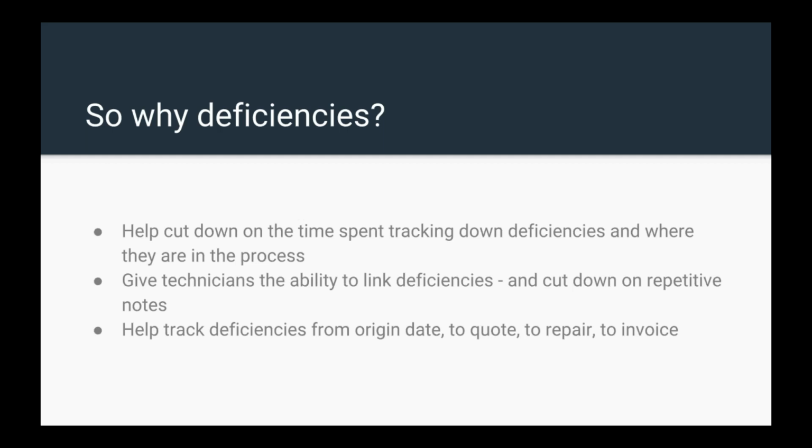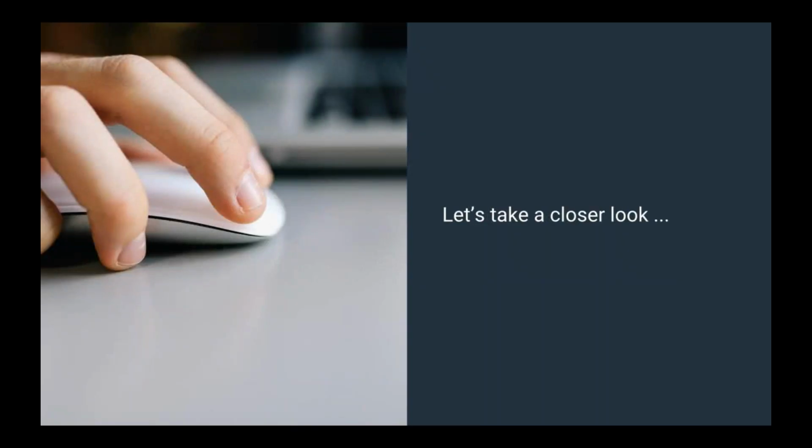And essentially, we want to help track deficiencies from the origin date, when they were originally identified, to when they were added to a quote or proposal, to when they're in the process of being repaired, all the way through to when the invoice is sent for the repair, and what went into taking care of that. So I'm going to jump into it. I'm going to start on the iPad and show you the updates we have for the technicians in the field.